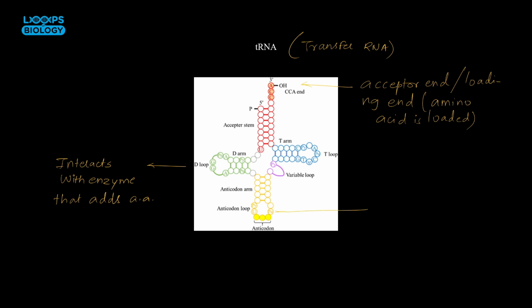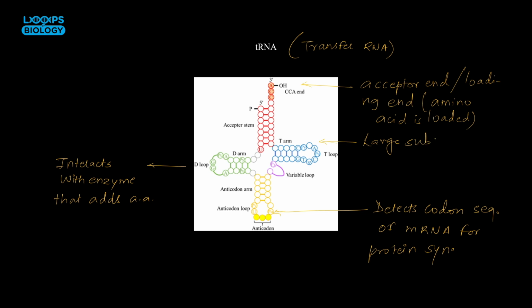It is opposite to the codon, so it detects the codon sequence of mRNA for protein synthesis, and there is a T loop that interacts with the large subunit of the ribosome. So this interacts with the large subunit of the ribosome.